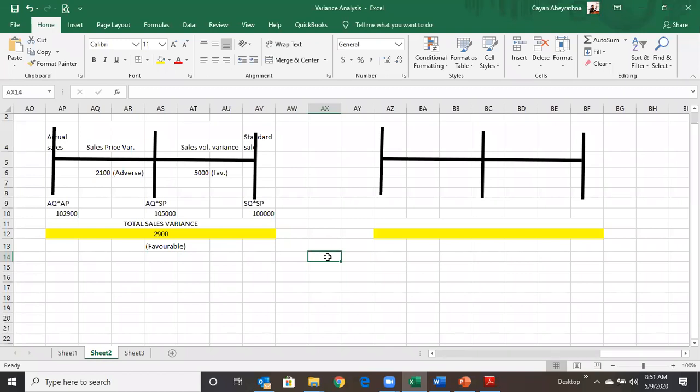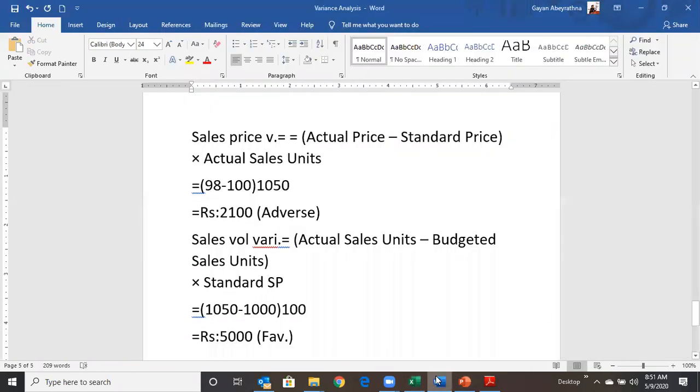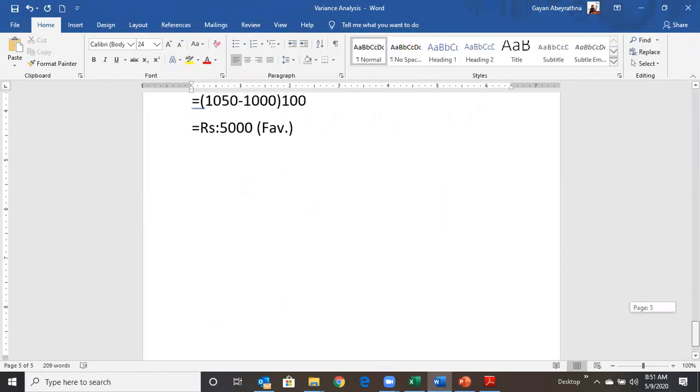On behalf of the standard prices, we need to calculate the standard profit margin. You know that profit margin can be calculated by deducting cost from the selling price.